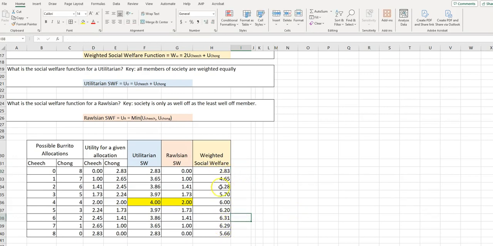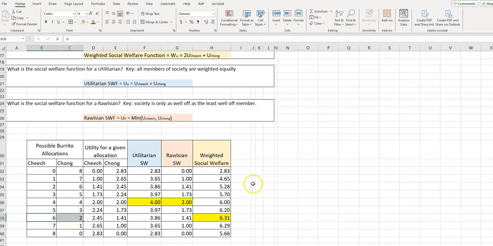That's not really necessary here, though. We can just look down and see that the ideal allocation here is to give 6 burritos to Cheech and 2 to Chong. So interestingly, notice that even though we are weighting Cheech more heavily, the ideal allocation is not to give all the burritos to Cheech and nothing to Chong, right?